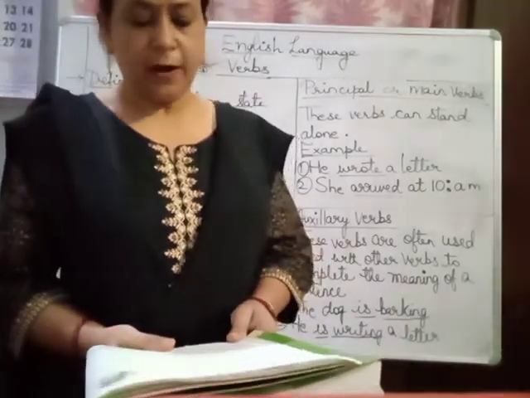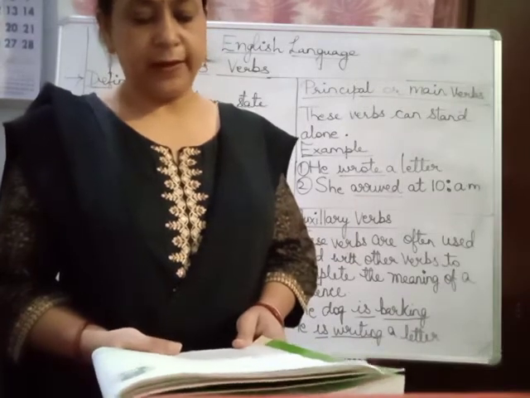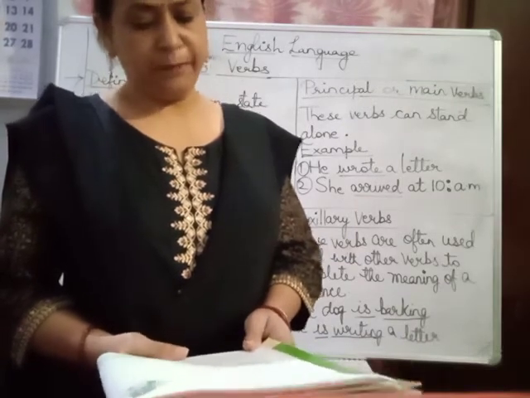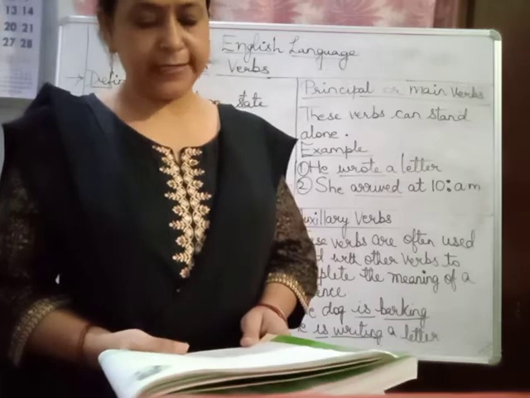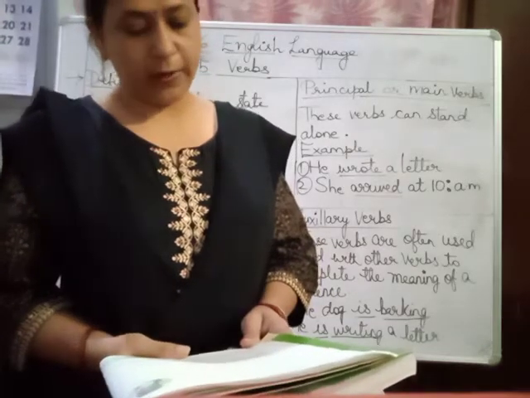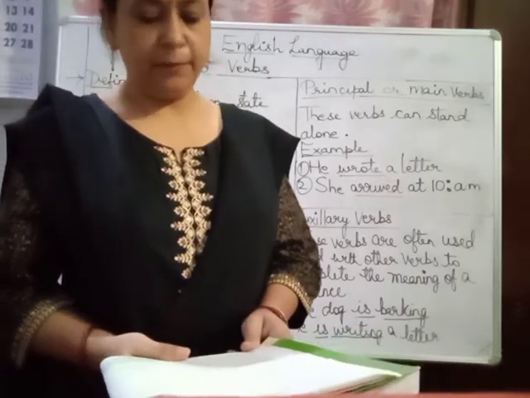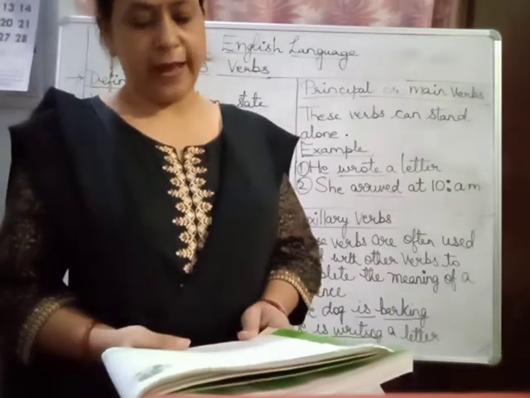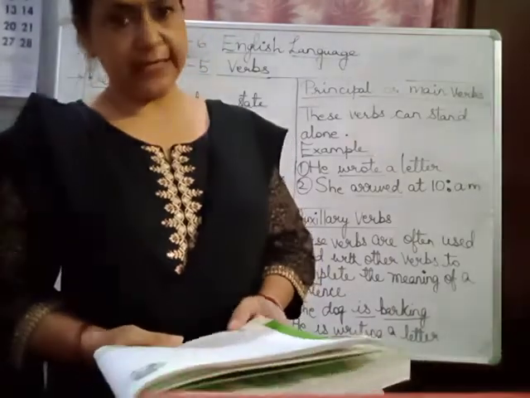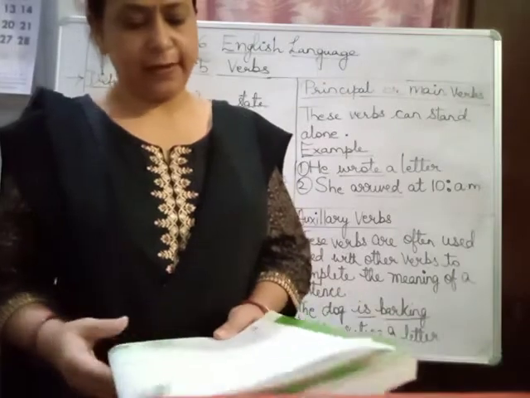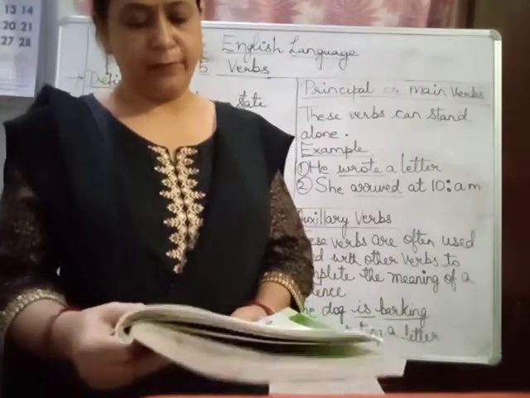For example, Rohan is a good student. Is a good student, main verb. Now, Rohan is writing a letter, helping verb. The puppy is naughty, main verb. So children, in "is writing a letter", "is" is the helping verb and "writing" is the main verb.